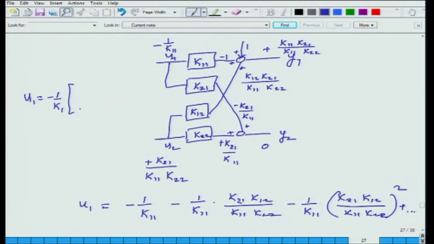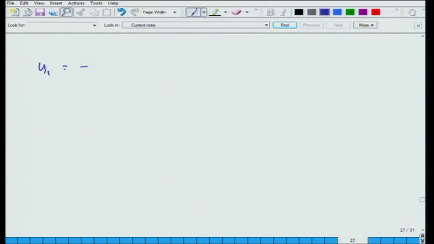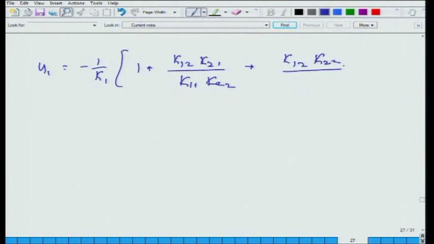If I keep doing it again and again, it will change by 1 plus k12 k21 divided by k11 k22, plus k12 k21 divided by k11 k22 whole square, plus and so on and so forth. This will be the infinite series.